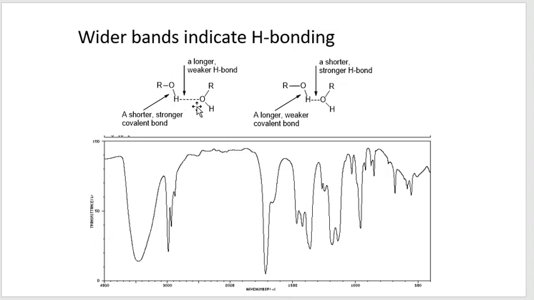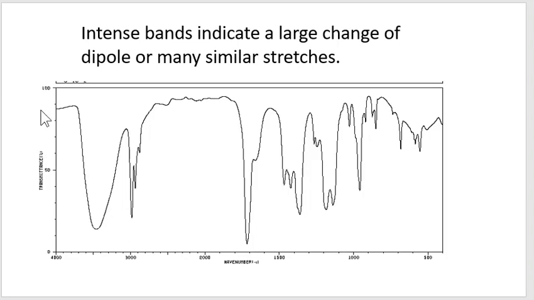Basically, the hydrogen bond is taking electron density away from the covalent oxygen-hydrogen bond over here on the left. When the hydrogen bond is shorter, it takes more away, and that weakens this OH bond. So you get a range of bond lengths and bond strengths for OH, and that's why you get this broad band. If you get a really dilute sample of alcohol, the hydrogen bonding goes away, and you end up with a much sharper band over here to the left.